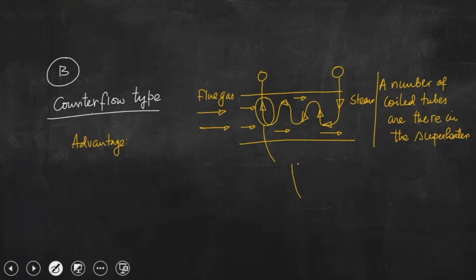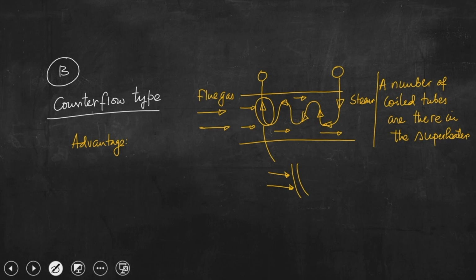So, this is basically a tube and here the flue gas is first approaching. So, this portion is first to approach the incoming hot flue gas stream. So, the outer temperature of the tube is very high, also steam is coming from the extreme right to that particular location.